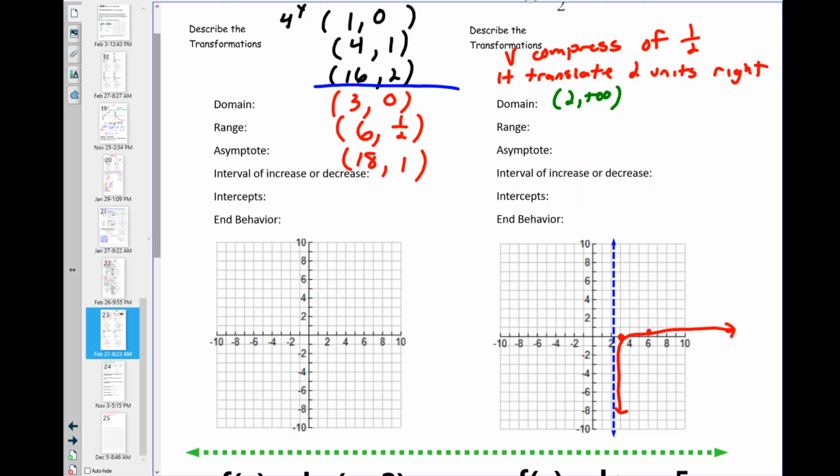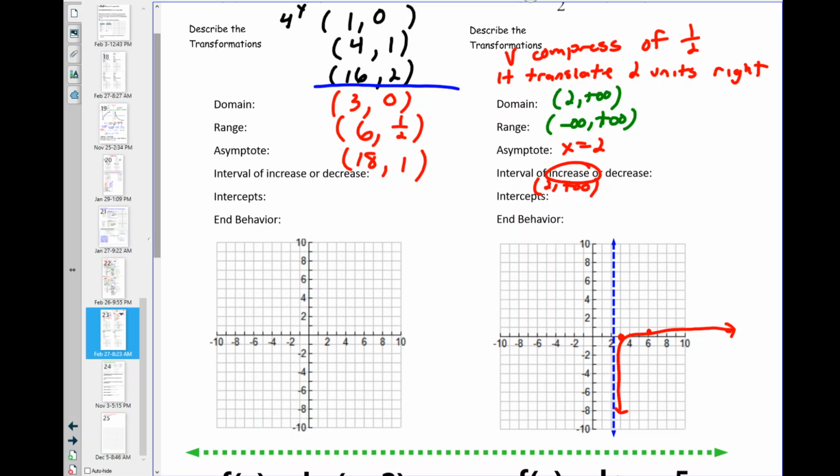Shina, what's the range? Yeah, all real numbers. Negative infinity to positive infinity. Where's the asymptote at? Is this increasing or decreasing? Yeah, this is increasing everywhere, and that's from 2 to positive infinity.